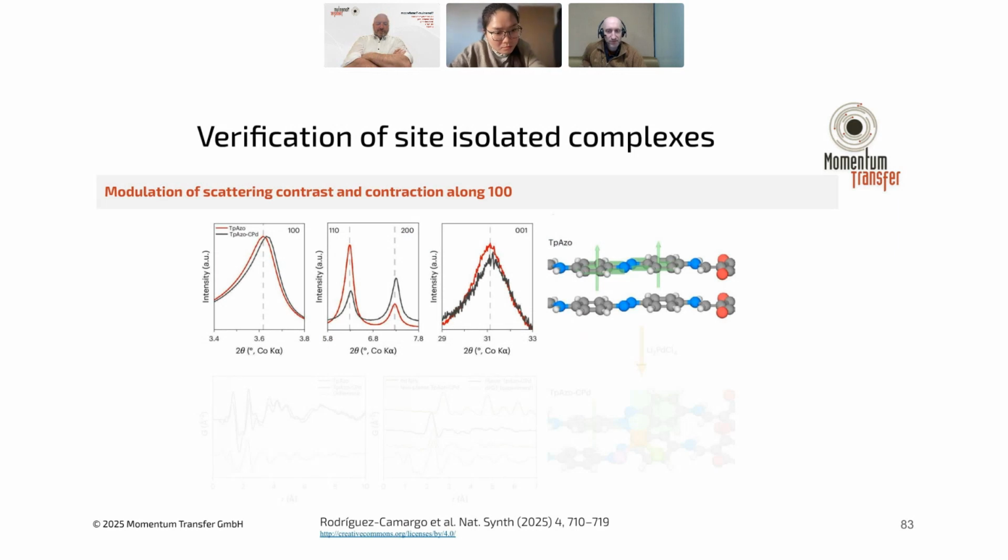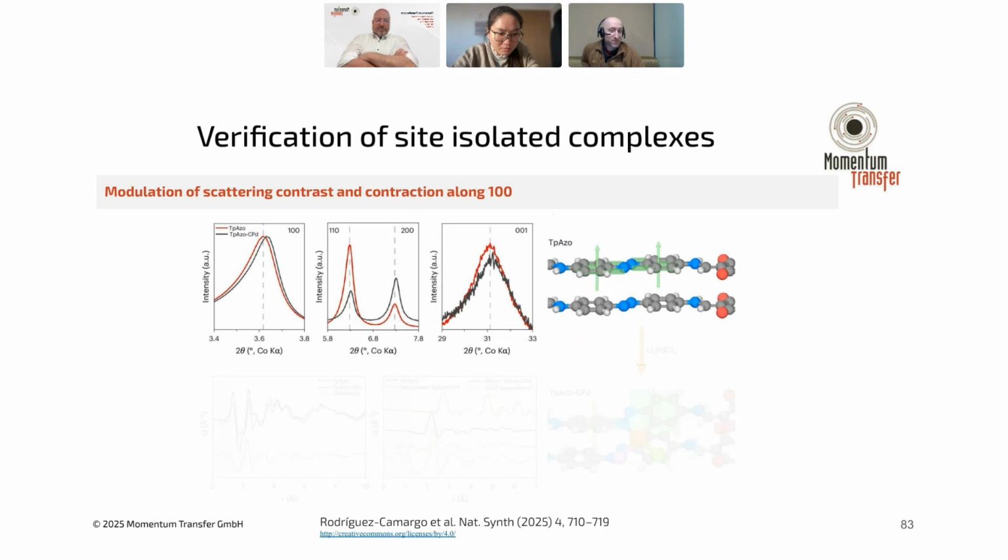So again, we first look at the diffraction, and you see a few interesting things here. One is that between the loaded and unloaded framework, if I look at the 100 reflection, I actually see a contraction. My Bragg reflection is moving to higher angles when I load the palladium complex.